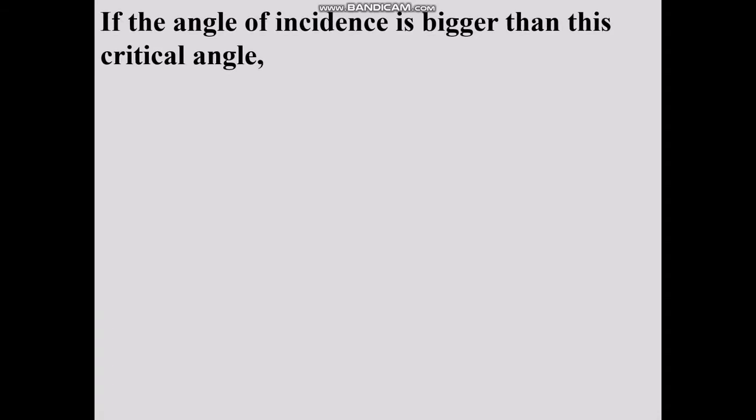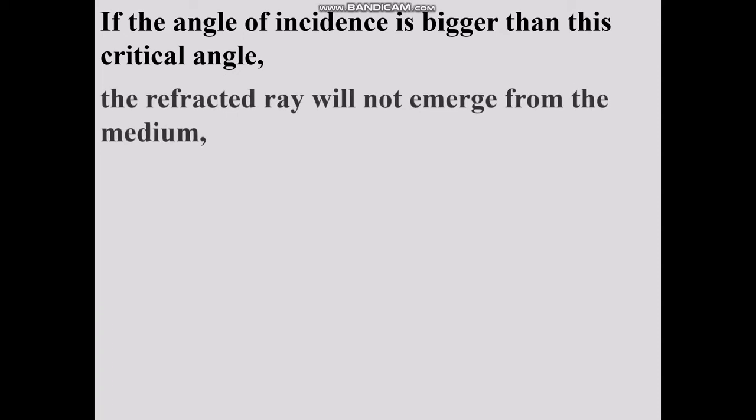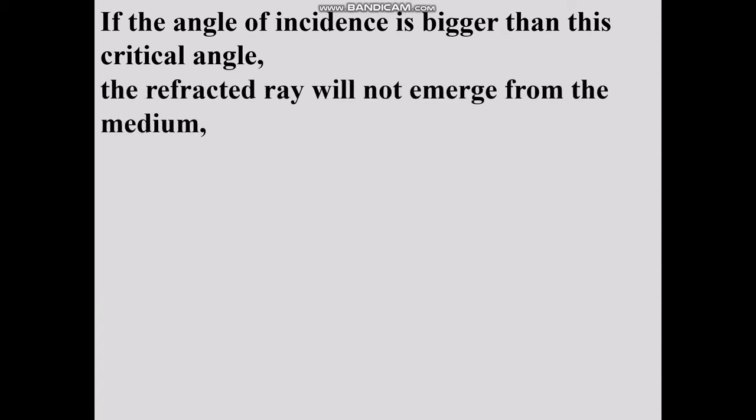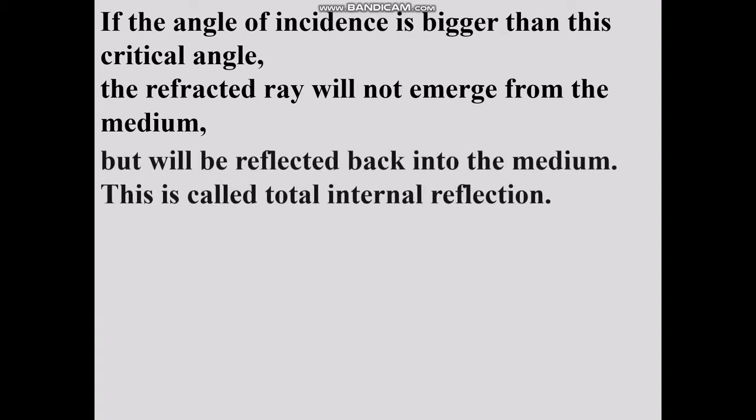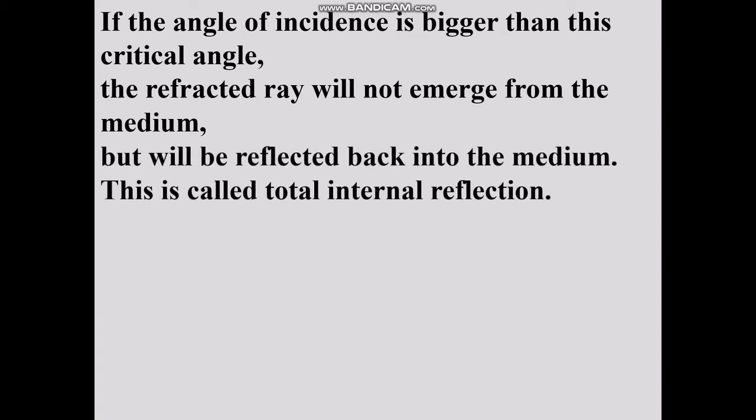So, if the angle of incidence is bigger than this critical angle, the refracted ray will not emerge from the medium, but will be reflected back into the medium. And this phenomenon is called total internal reflection.